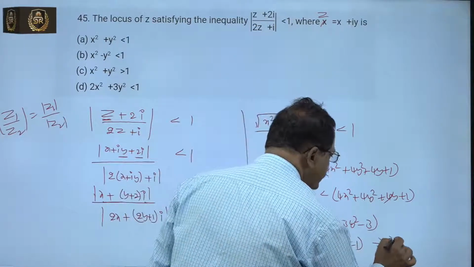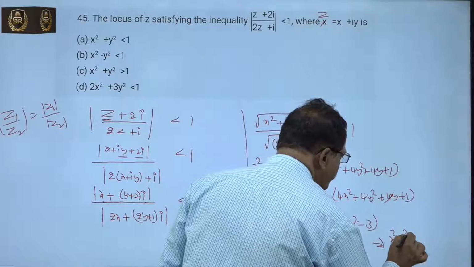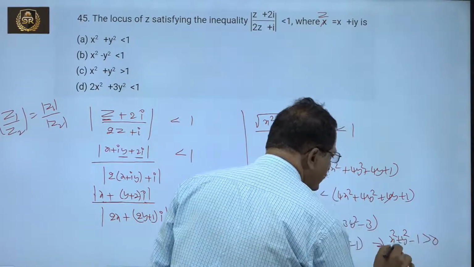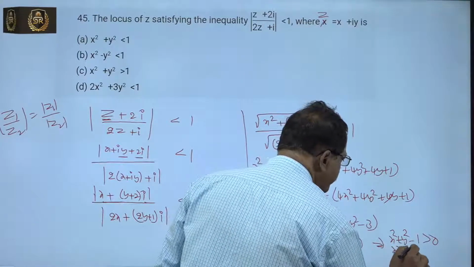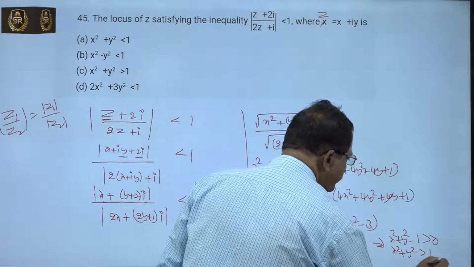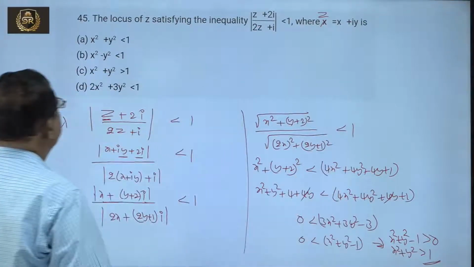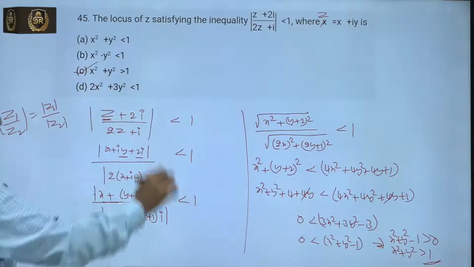This implies x square plus y square minus 1 greater than 0, or x square plus y square greater than 1. Now option C is the correct answer.